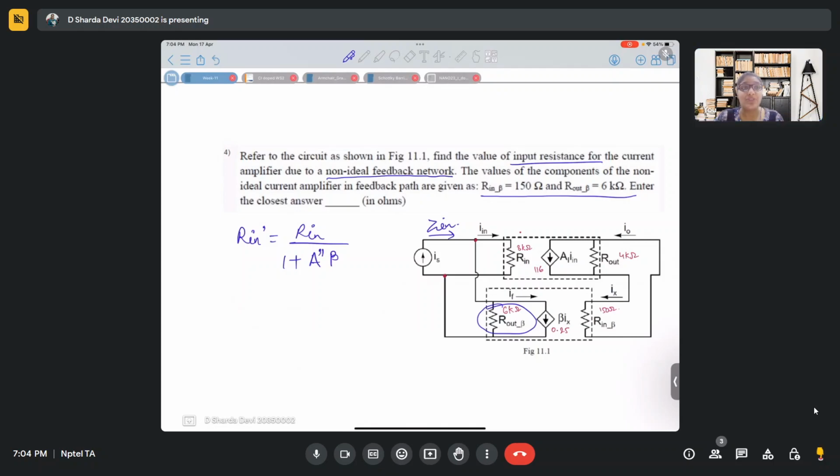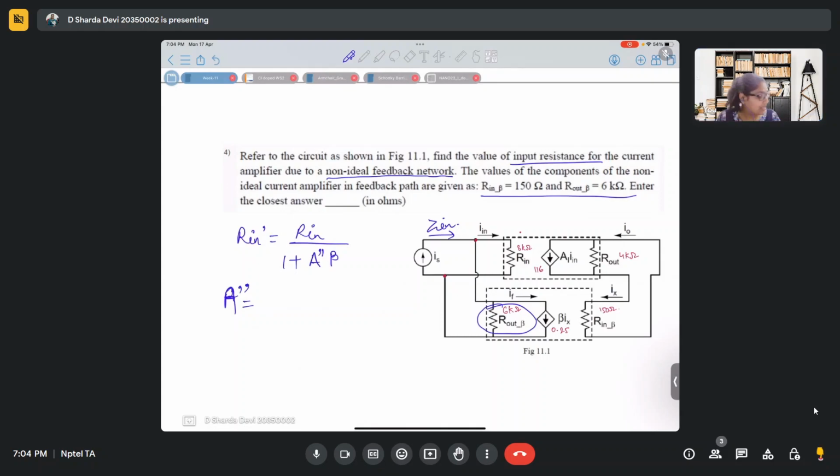It was by the factor of 1 by 1 plus A beta. But this is different. When I say A double dash, it considers the effect due to this R out. This formula has been derived very beautifully in the lectures, so when you go through the lectures, it is there. I'm directly writing down the formula.